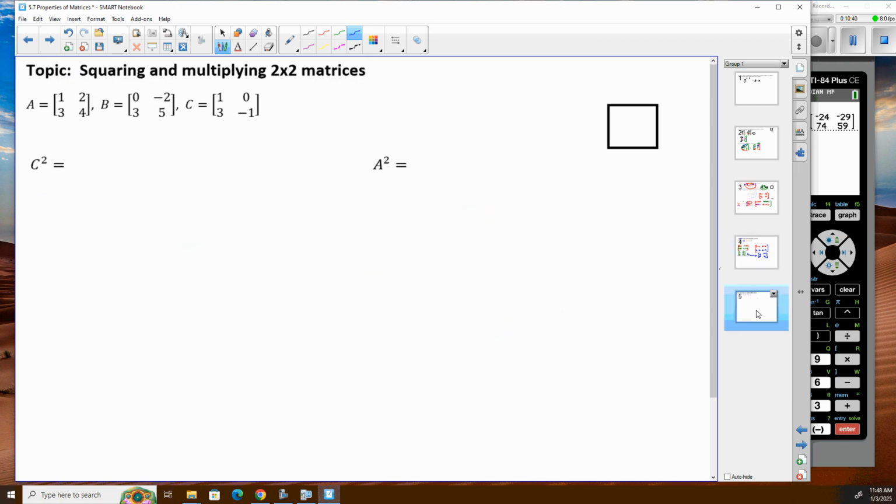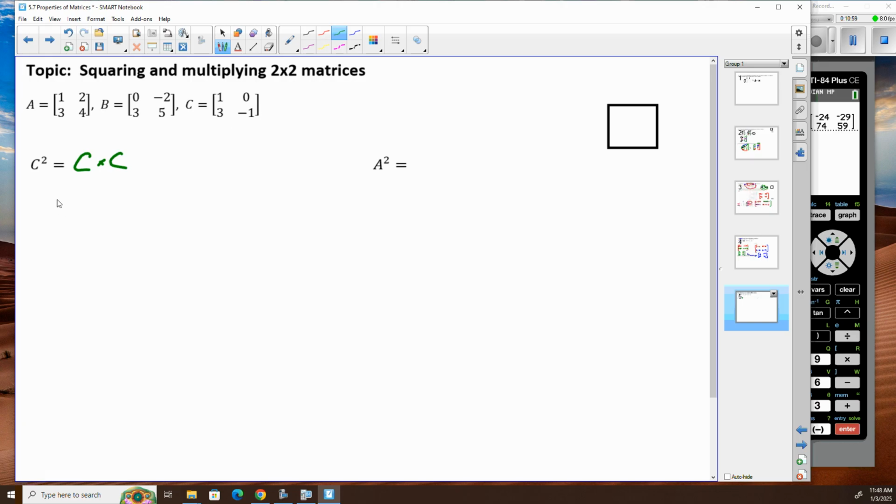Okay, now on this one, if they ask you to square a matrix, you can't just go and square all of the numbers inside the matrix. You have to write the matrix twice. So C squared is the same as C times C. So I have to write that matrix C 2 times and multiply it together.